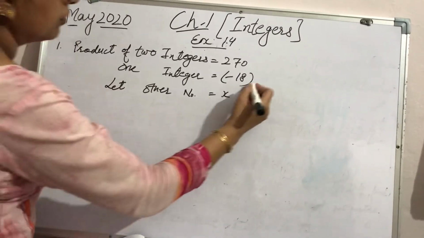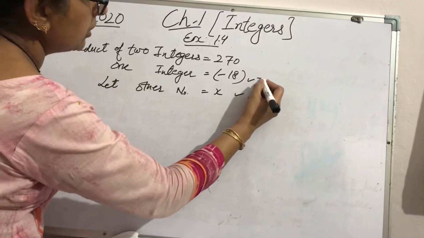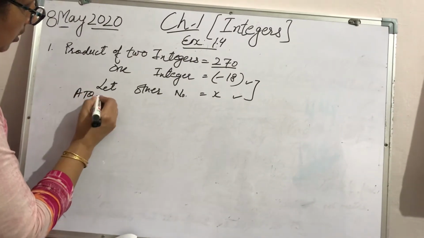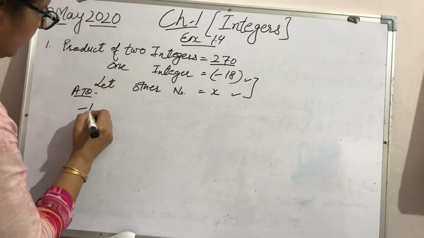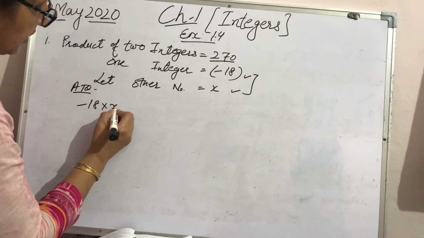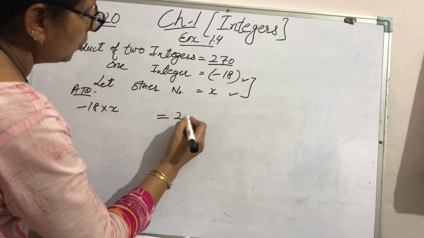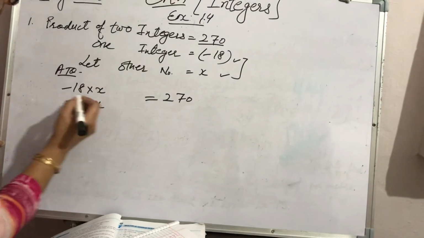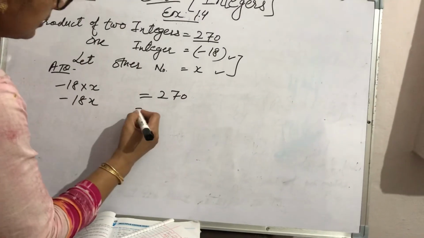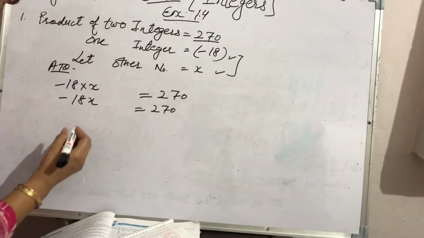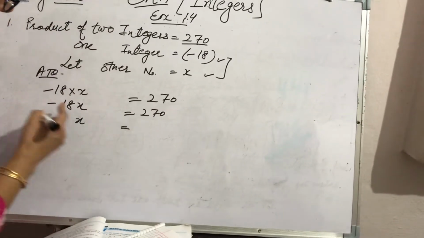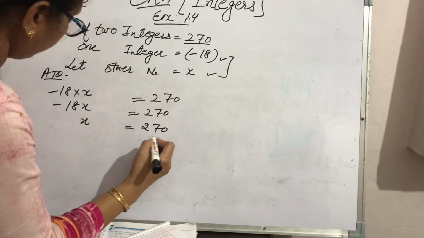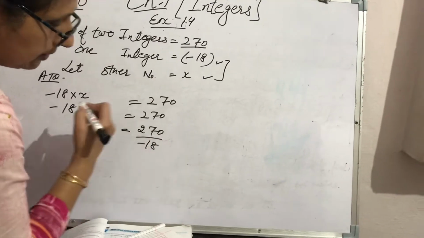So the product of first and second, these two integers, is given as 270. So according to the question, the product of this and this, minus 18 multiplied by x, product means multiplication, is equal to 270. So minus 18x equals 270. x is equal to, so multiplication changes into division, 270 upon minus 18.